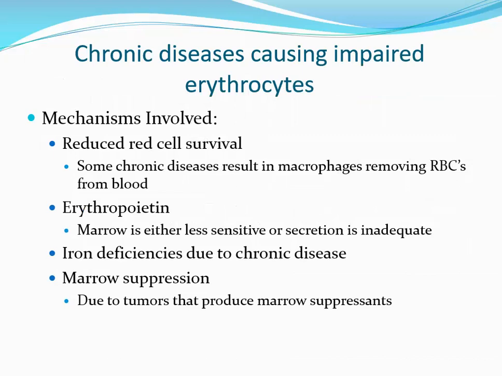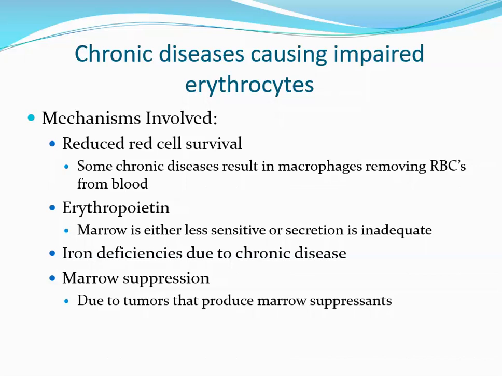The last cause for anemias would be a chronic disease that results in impaired erythrocyte production. Here, the bone marrow and the nutrient levels are fine, but something else is causing the problem. Some of the mechanisms involved, it could be a reduced red cell survival. Some chronic diseases result in macrophages removing the red blood cells from the blood.